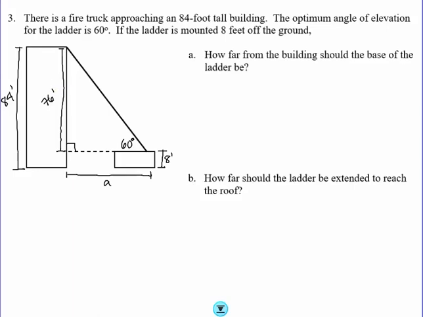So let's label our triangle from the point of view of this 60-degree angle. This is our opposite side, this is our adjacent side, and this is our hypotenuse. So we know an angle, we know the opposite side, we want to find the adjacent side. So opposite and adjacent would be tangent of 60 degrees equals opposite over adjacent.